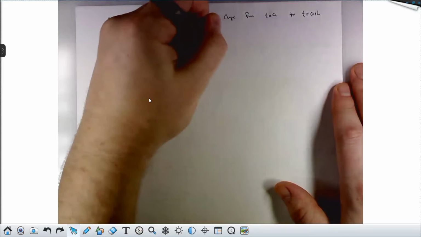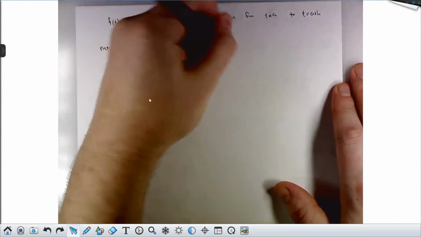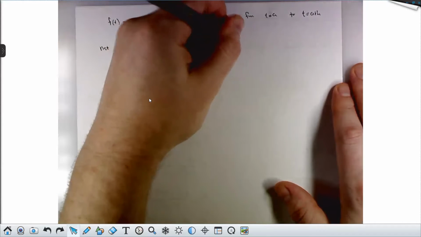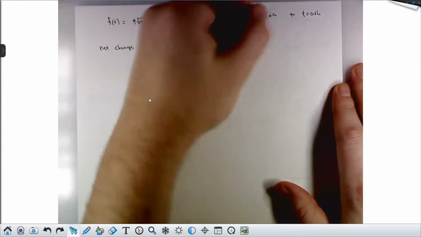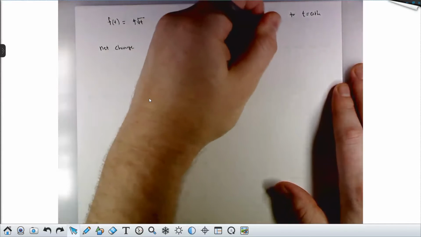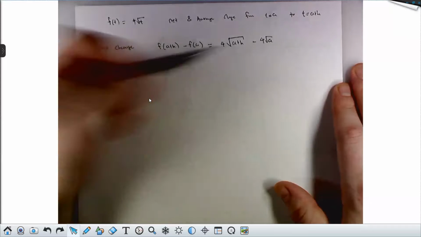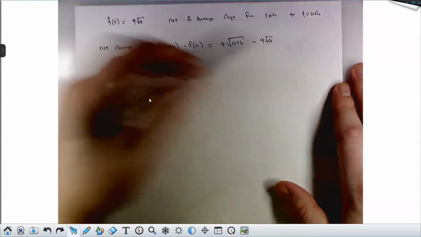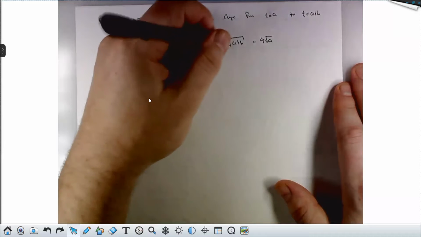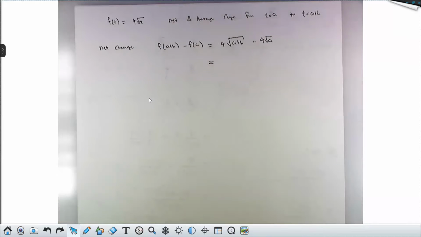And that would be 4 times the square root of a plus h minus 4 times the square root of a, right? Because if I plug in a plus h for t here, I get this. Plug in a for t here, I get that. And you could in theory just say, I'm going to stop here. That's my net change. I'm happy with that.